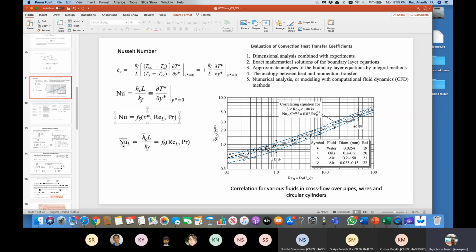But if I average it, then the x dependence goes away, and it's a function of Prandtl number and Reynolds number. But if it looks like this, with Prandtl number to the 0.3, then it becomes independent. That's what I have in this range, the small range of Reynolds number between 3 and 100.